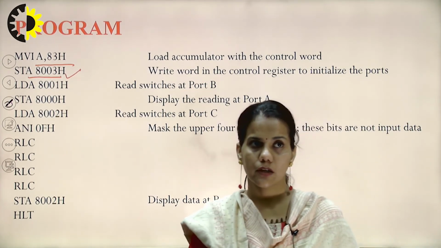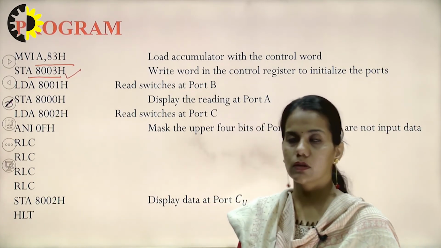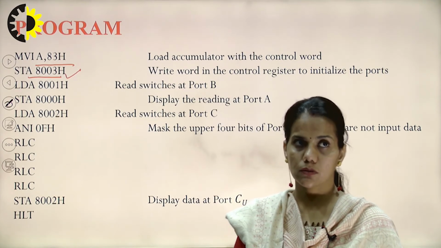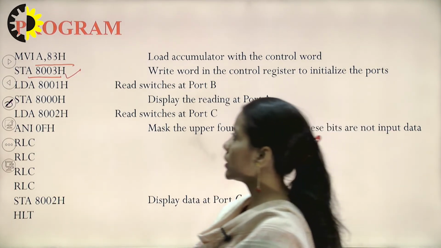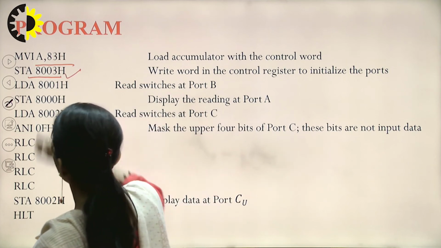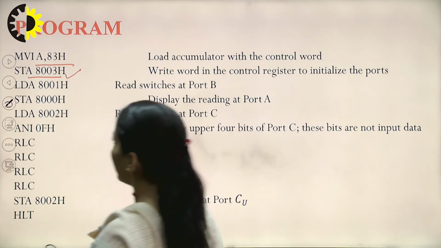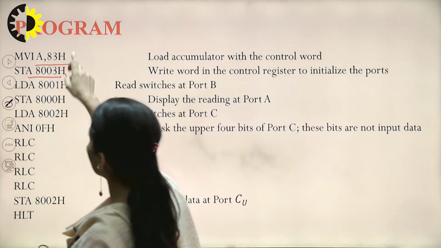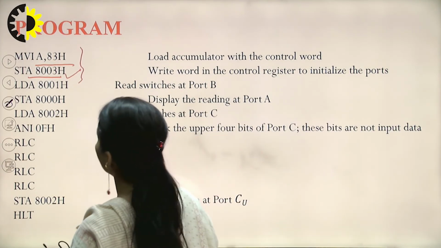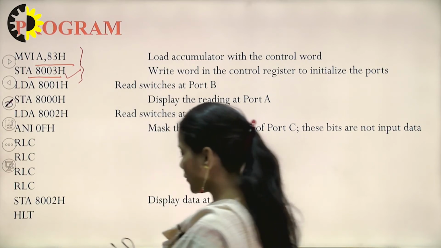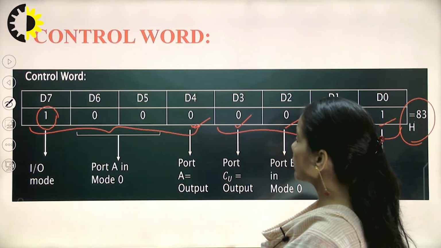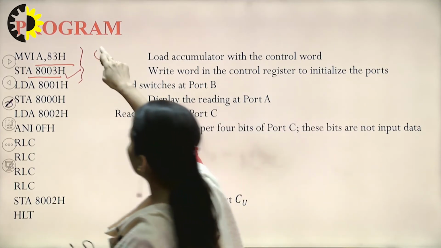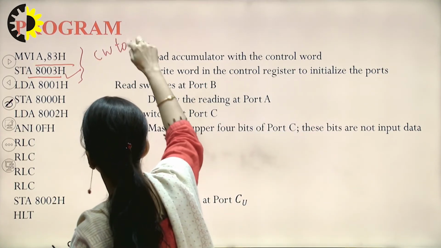We could have done it using the OUT instruction also, in case of a byte size address. So in this way we have sent the control word to the address.